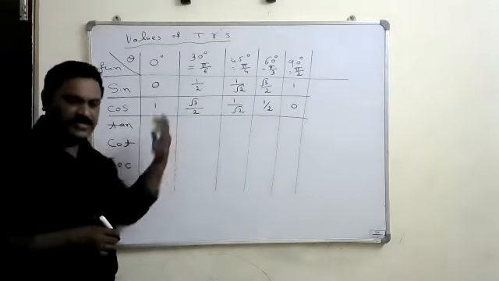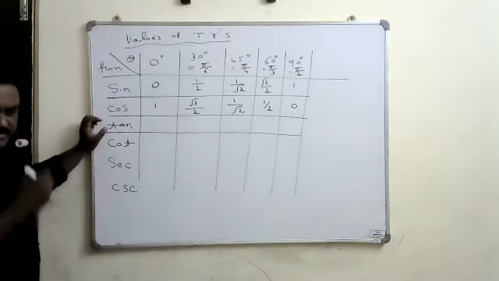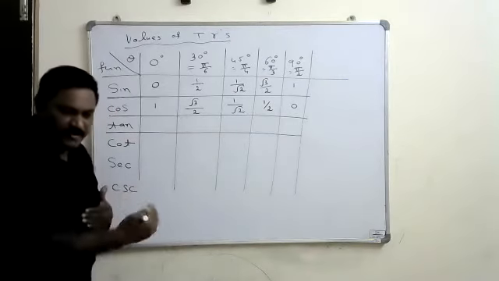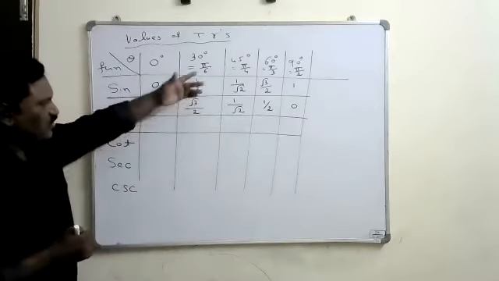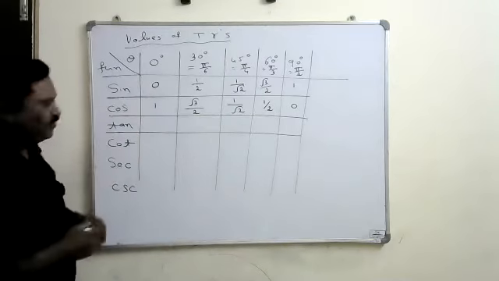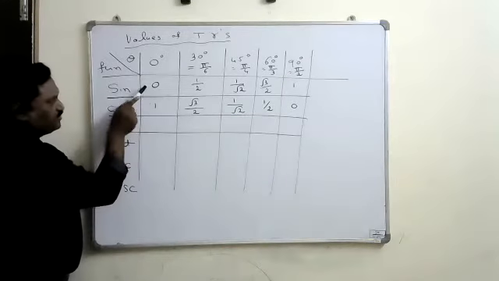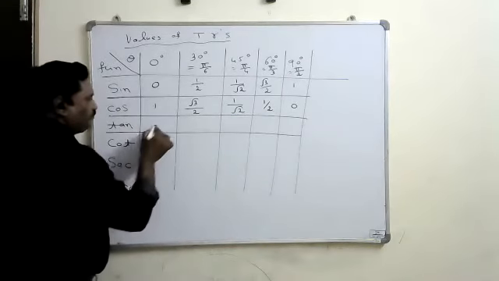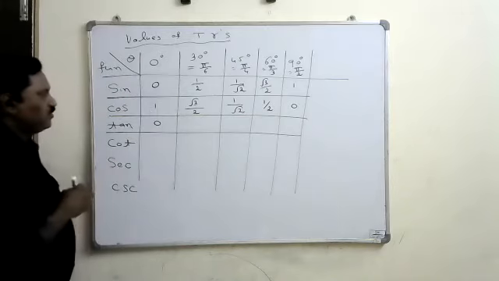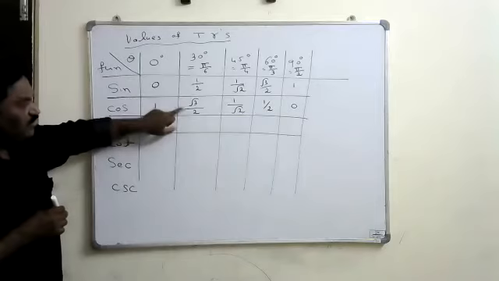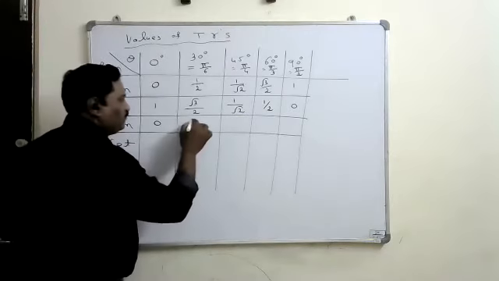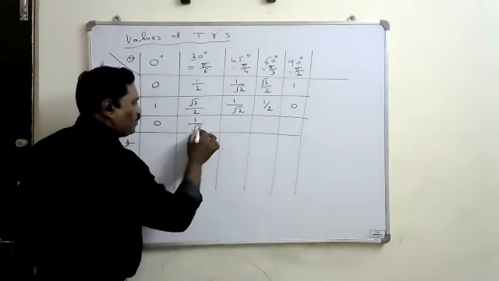Now, for writing the values of tan, the definition of tan is sine upon cos: sin theta by cos theta. If I divide these values, we will get the values of tan theta. So tan 0 is 0 upon 1, that is 0. Tan 30 is 1 by root 3.